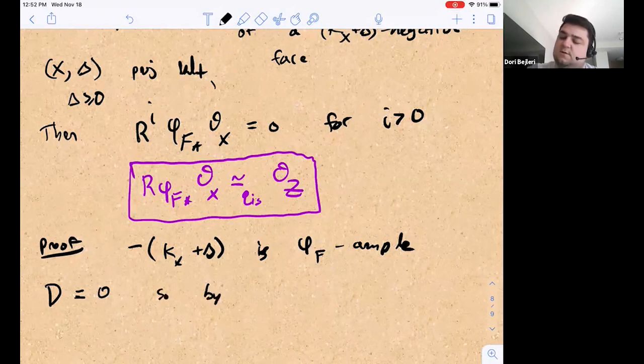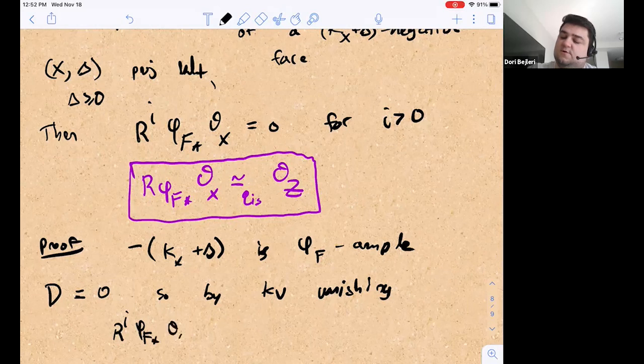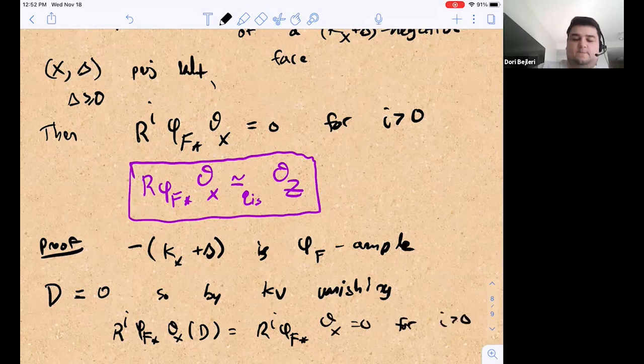So by KV vanishing, the higher pushforwards of O_X(D), which are just O_X because D is a zero divisor, are 0. Okay.